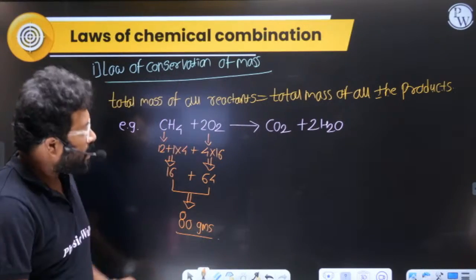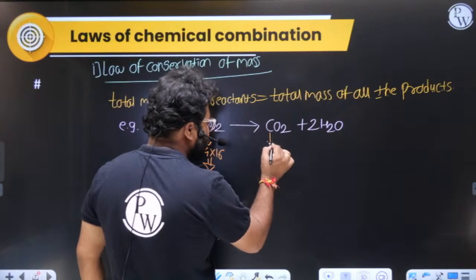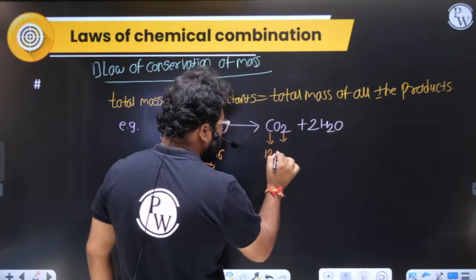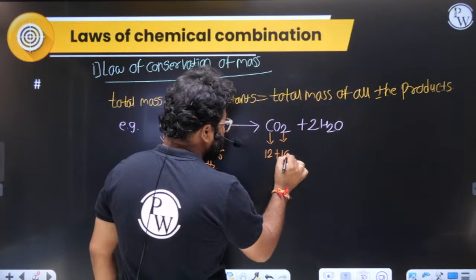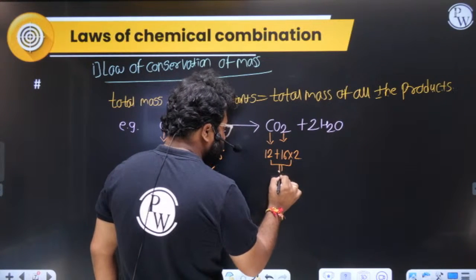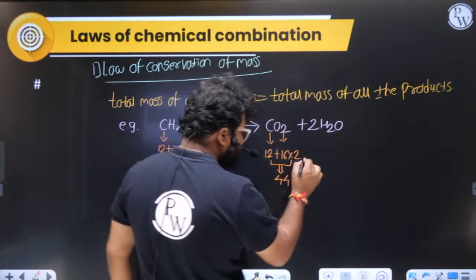Now go for CO2 and H2O. Atomic mass of carbon again is 12. Again each oxygen comes out to be 16. The total mass here is 32 plus 12, 44.